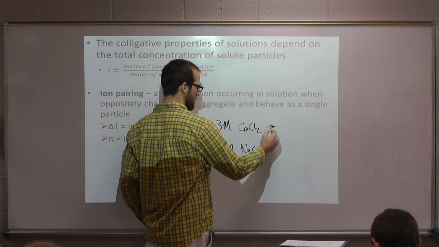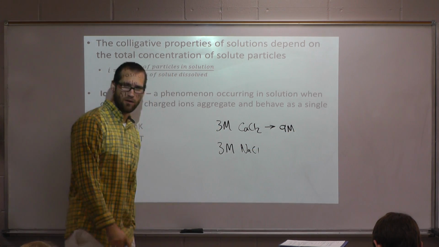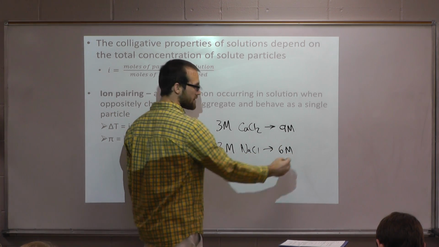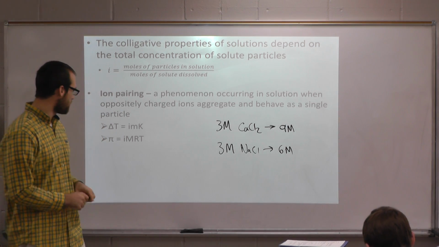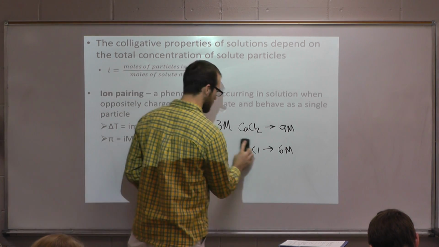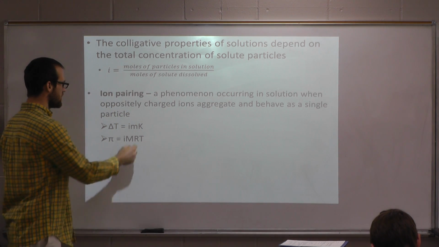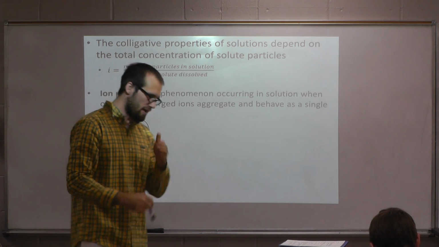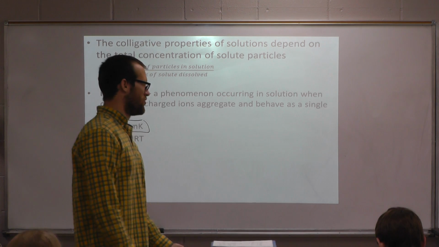This would be what it would be after you broke it up into its particles, and this would be 6 after it breaks up into its particles. Make sense? And here's another way to figure out your temperature change, but I don't know if you'll see that too much.